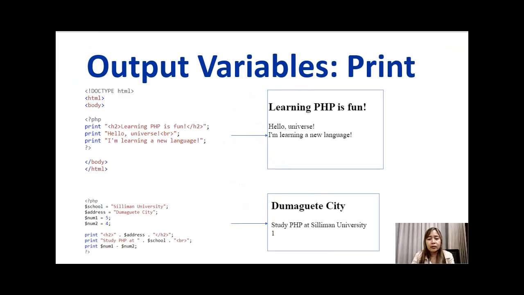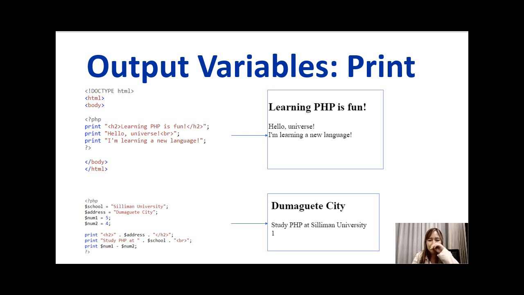So that was echo, and this time I'm going to teach you how to display the values of your variables using another code in PHP, which is print. Print is another way where you could display something in your PHP code, not only echo.